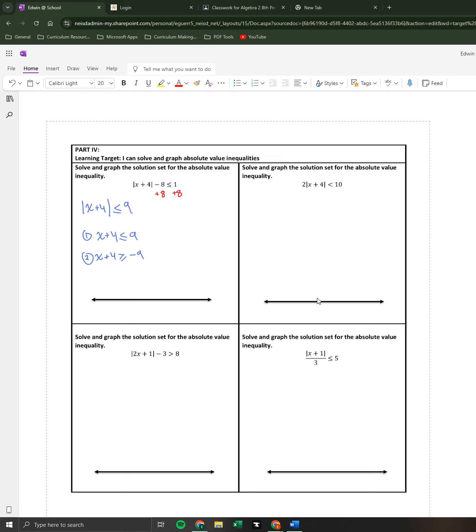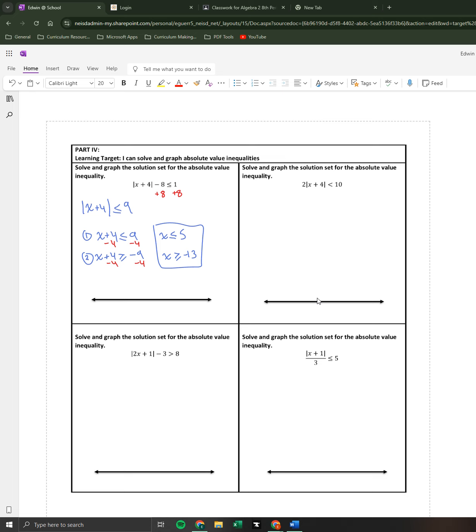And also the sign changes just as the previous examples do. But from here we could solve it like normal. Minus 4 on both sides of each, giving us values, x is less than 5, and x is greater than negative 13. So we got our 2 values.